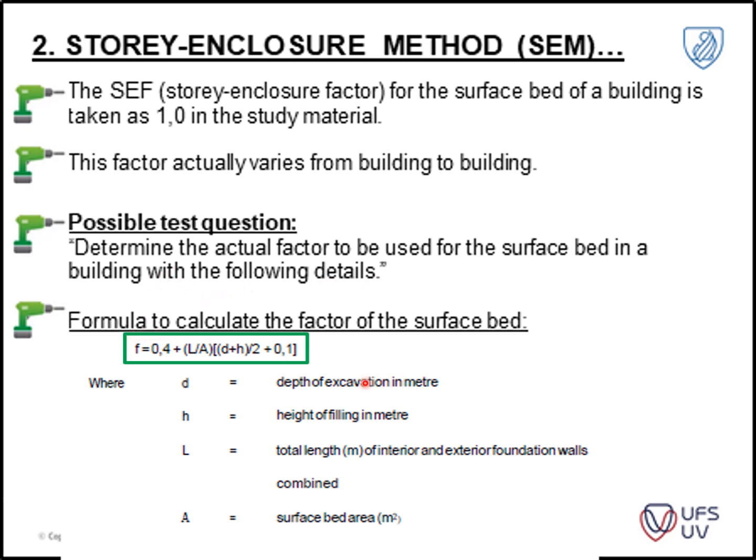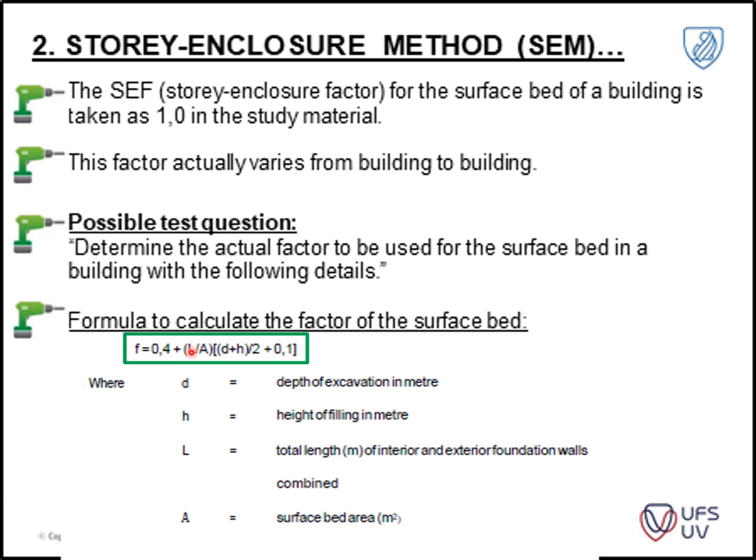The formula to calculate the factor of your surface bed is basically 0.4 plus the total length L of the interior and exterior foundation walls combined, divided by the surface bed area, so you calculate your surface bed area as well.